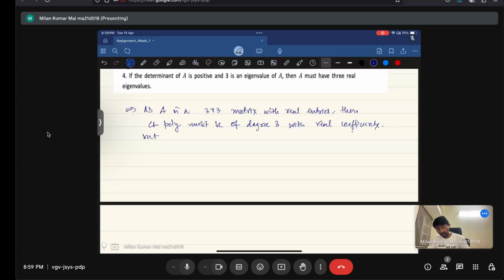But a degree 3 polynomial with real coefficients must have a real eigenvalue.